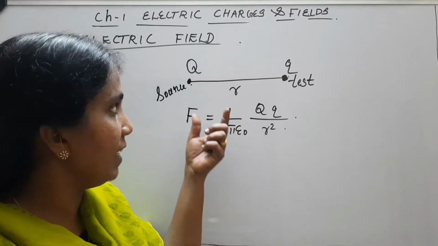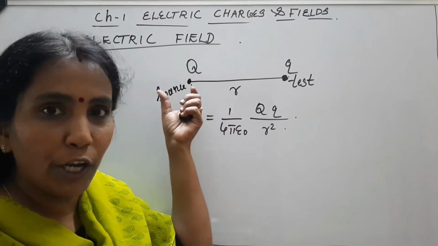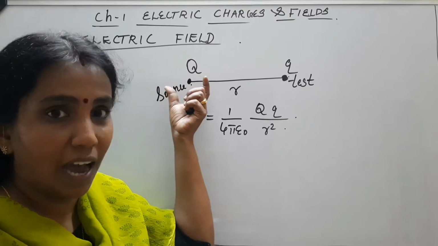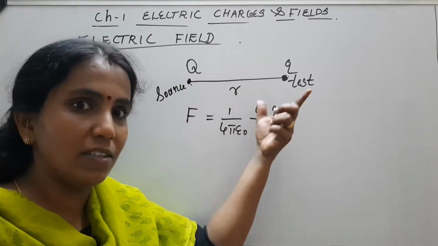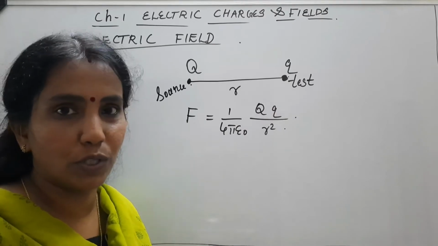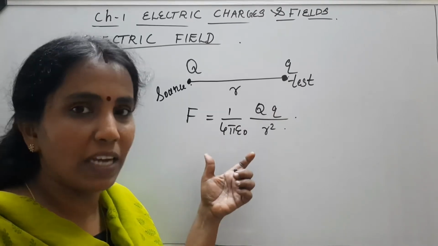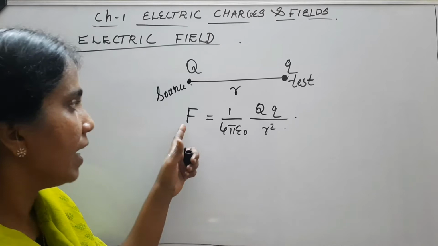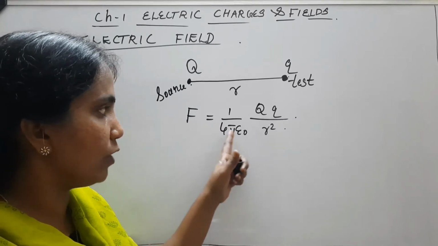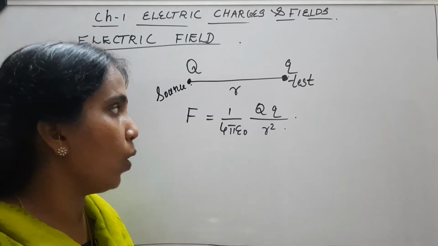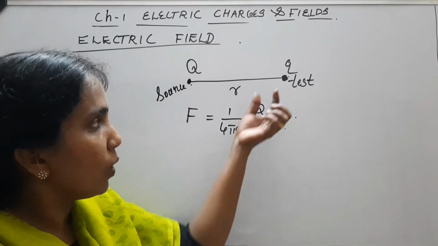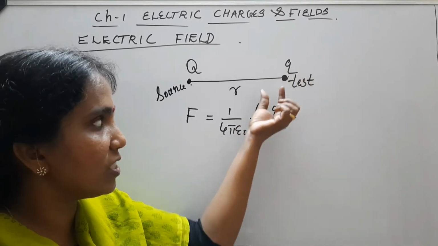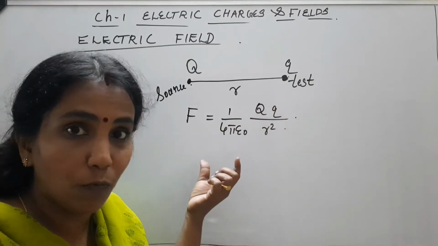Now let's discuss what that electric field is mathematically. It is the effect produced by a charge in its vicinity by which any other charge experiences a force. In terms of a mathematical equation, we have F is equal to 1 by 4 pi epsilon 0 QQ by R square. This charge is the test charge which experiences this force.